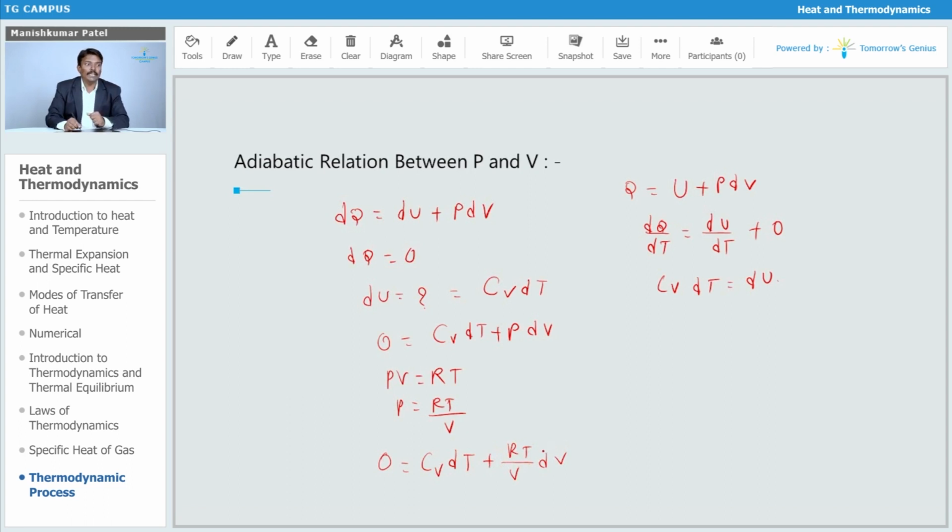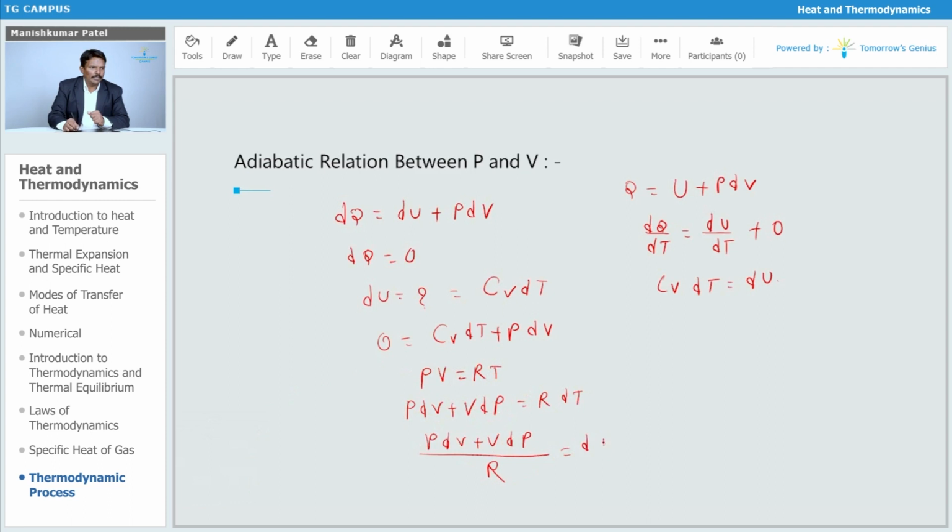Instead of this we can do one more thing: take the differentiation on both sides. If PV is equal to RT, then P dV plus V dP is equal to R dT. So P dV plus V dP upon R is nothing but dT.